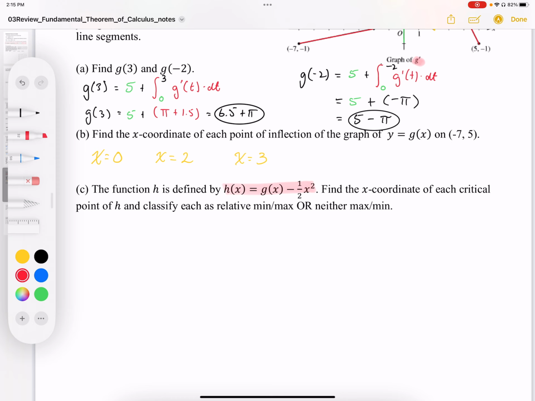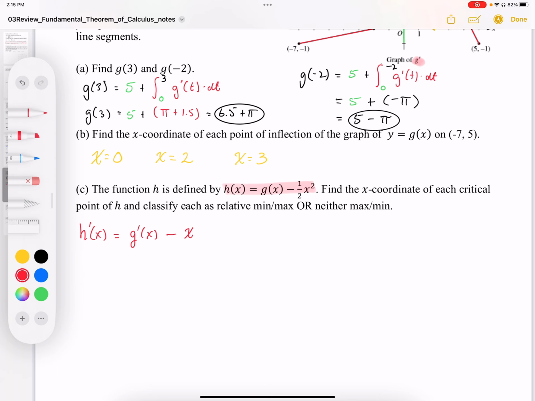So the first thing is I'm going to differentiate h. So h prime of x is going to be equal to g prime minus the derivative of 1/2 x squared. It's just going to be x. So this is our derivative.